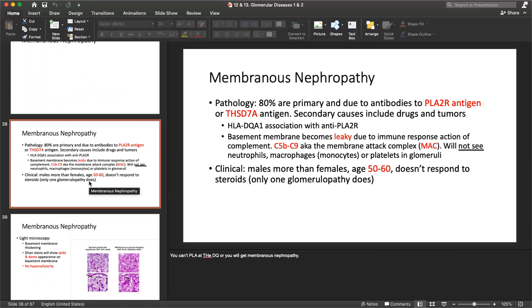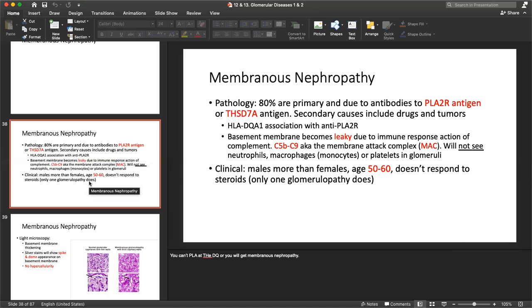The basement membrane becomes leaky due to immune response with our complement. So we have C5b through 9, which remember is our MAC. You can remember that from immunology. And we're not going to really see any neutrophils, macrophages, or platelets in our glomeruli.